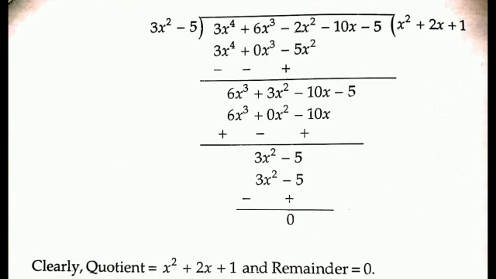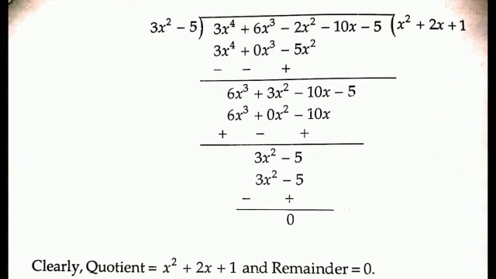Again we will obtain the second term of the quotient, and here it is 6x cube divided by 3x square, which gives us 2x. So the second term of the quotient is 2x. Again we will continue with the division process, and we are left with, after simplification, 3x square minus 5.